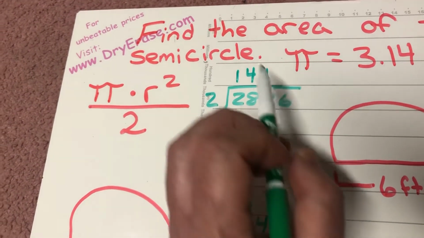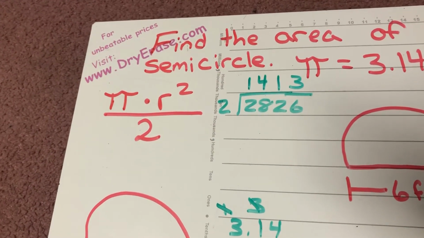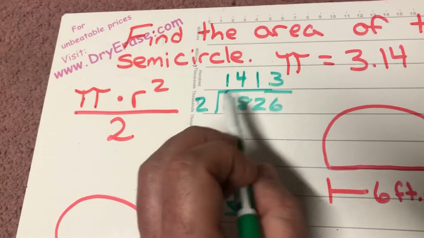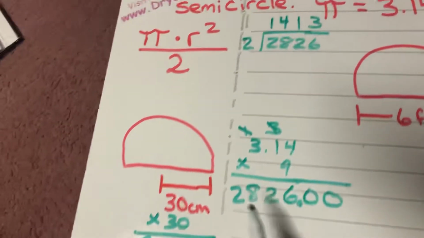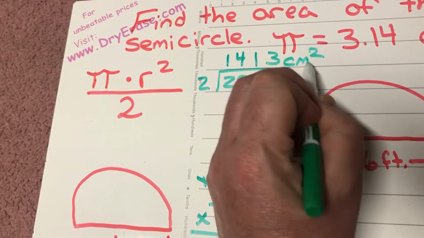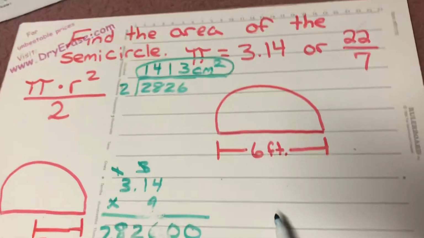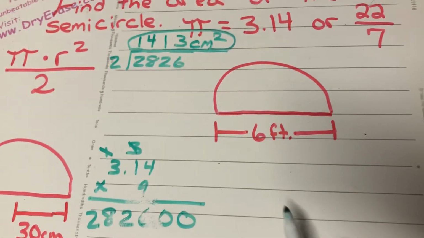And 2 can go into 6 3 times, and there's going to be none left over because 2 times 3 is 6. I end up with 1,413 centimeters squared for that semicircle.